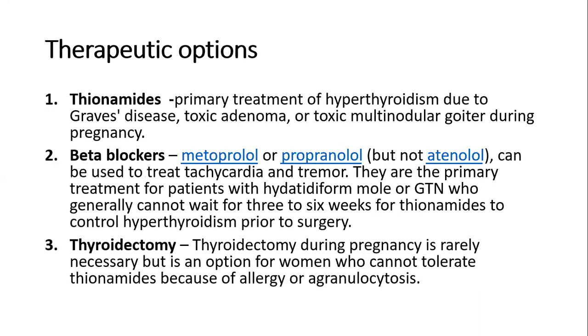Now for the treatment options, we have thionamides, which are the primary treatment of hyperthyroidism due to Graves' disease, toxic adenoma, or toxic multinodular goiter during pregnancy. We can also have beta blockers, which can be used to treat.